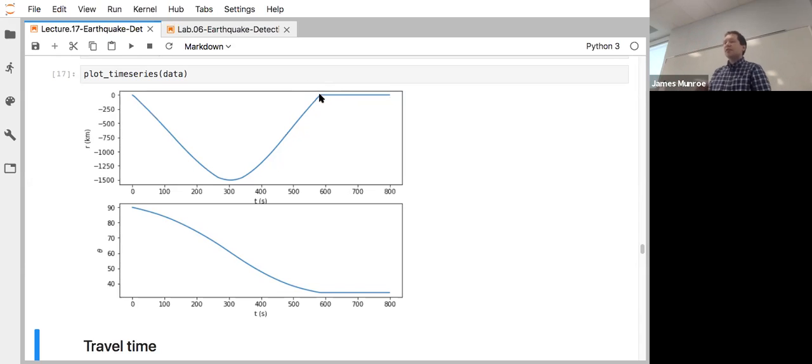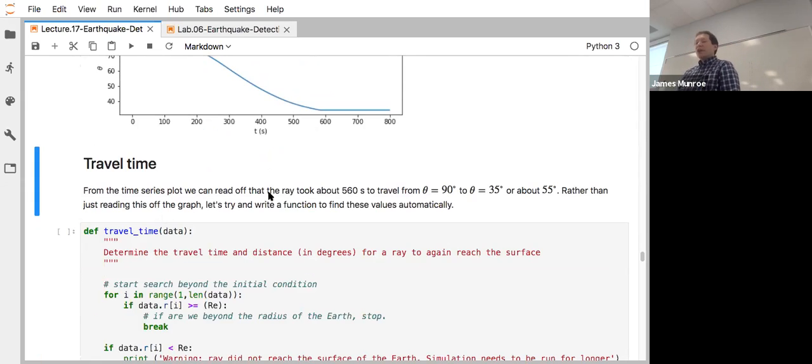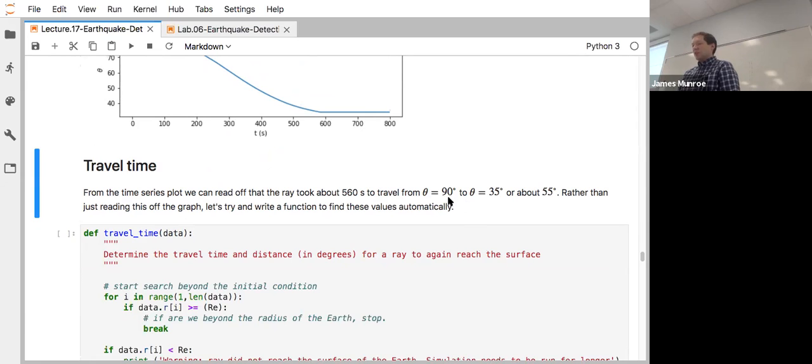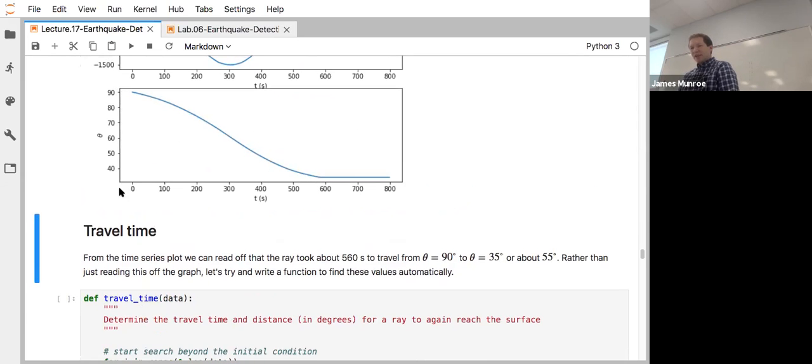We want to write a piece of code that can figure out how many seconds it took for that ray to go through the planet. That's called travel time. Okay, we can read it off and you can go, okay, it's about 560, 570, somewhere in that ballpark. You can sort of see the little bend. To travel this dimension from 90 degrees down to 35 degrees. So rather than reading off the graph, let's write a function that figures this out.